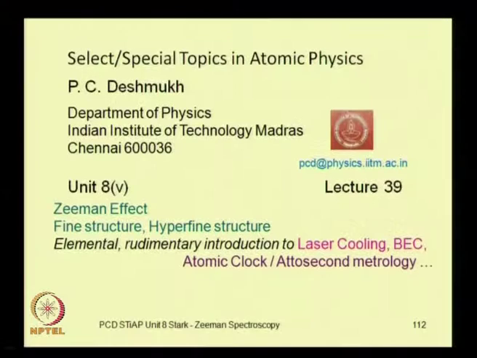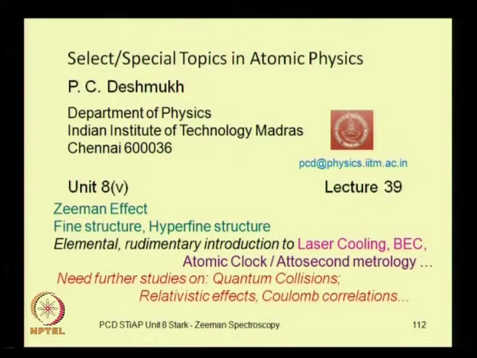We considered the electric fields and the magnetic fields, and there are other kinds of fields that one can talk about. So there will be a very rudimentary introduction to things like laser cooling, Bose-Einstein condensation, and we will see how it leads to very accurate measurements of time, and we will talk a little bit about attosecond metrology and so on.